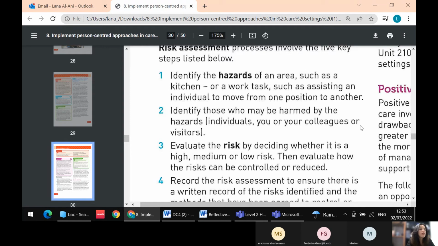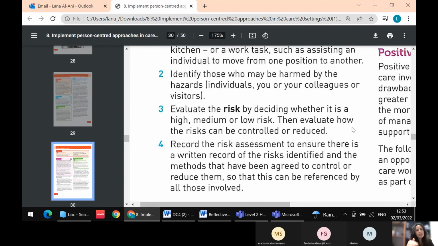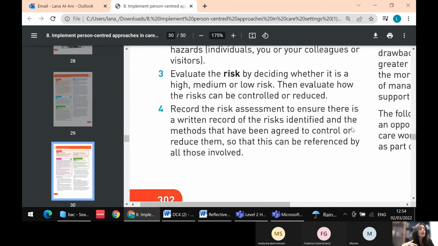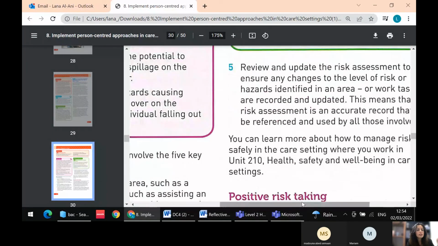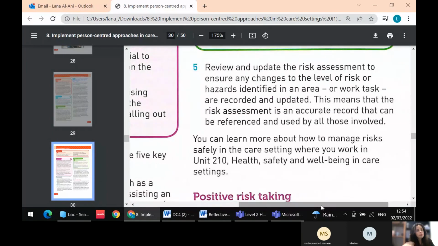Also, I evaluate the risk, deciding whether it's high, medium, or low risk. And I record in her record that she wanted to cut the fruit on that day. I felt it is good for her to live independently, so I allowed her to, but I gave her the fruit knife. I record all that happened, and I regularly come and update it.